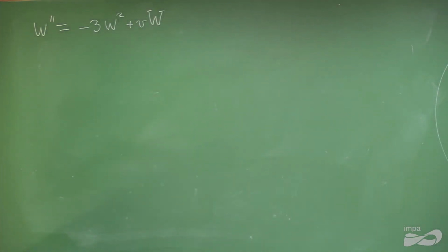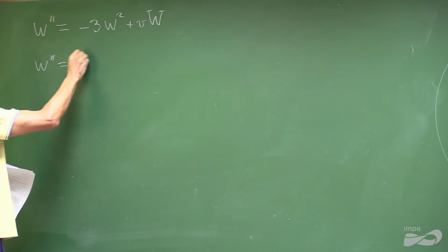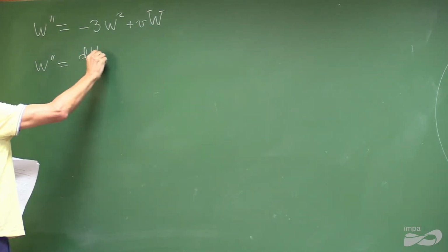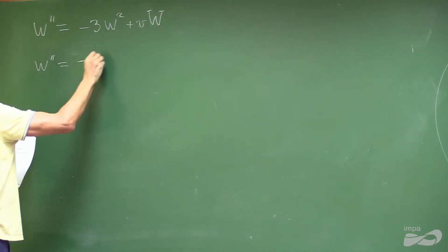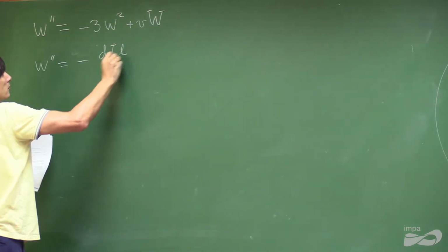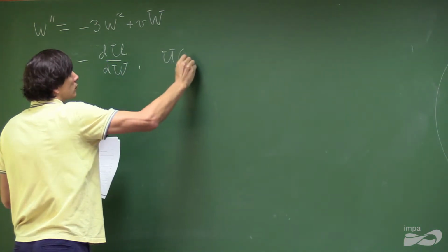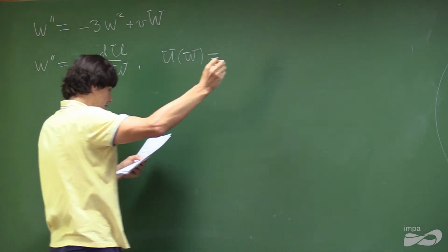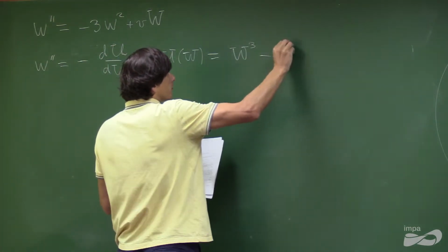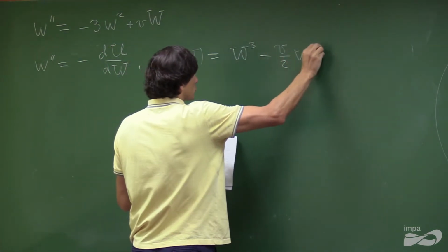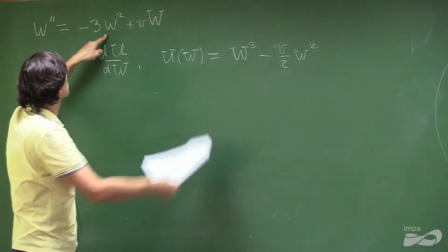And next, I can write this equation as W double prime equals minus dU/dW, where U of W we define as W cubed minus v over 2 W squared. See, if you differentiate with minus, first you take 3W squared and then plus vW.